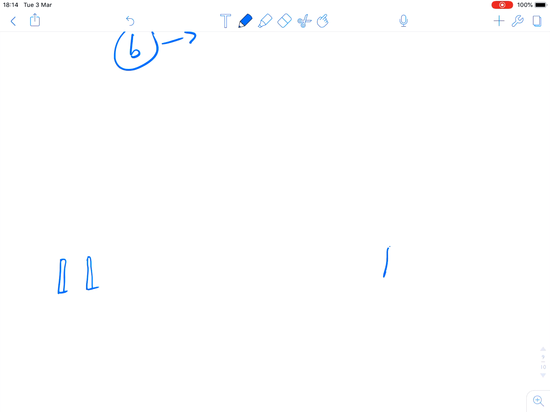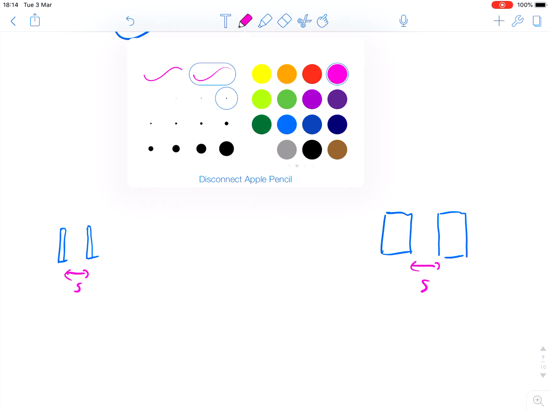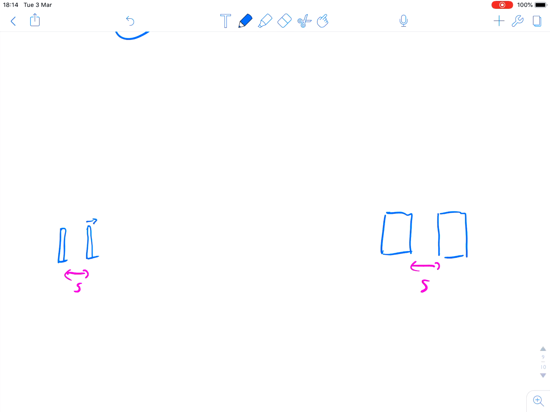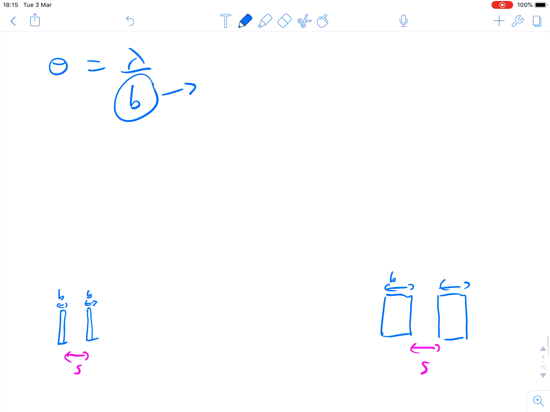And let's say we have a thicker, massive one, something really obvious. The separation in between, S, is not changing, but the value of B is changing. So what is that going to do on our pattern?